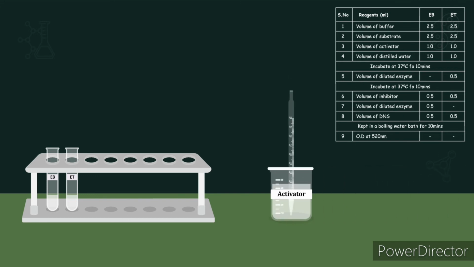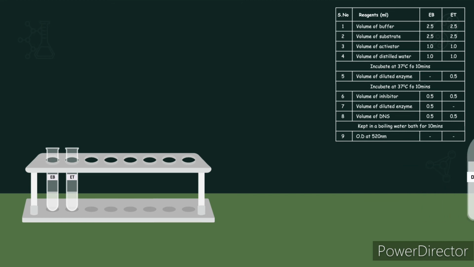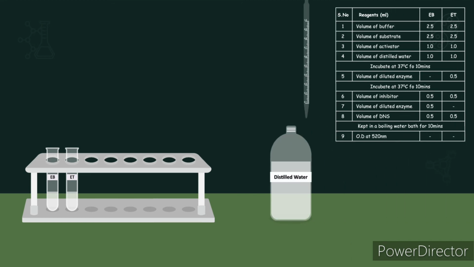Again, the color developed is read out at 520 nanometer to estimate the specific activity of salivary amylase in this particular experiment.